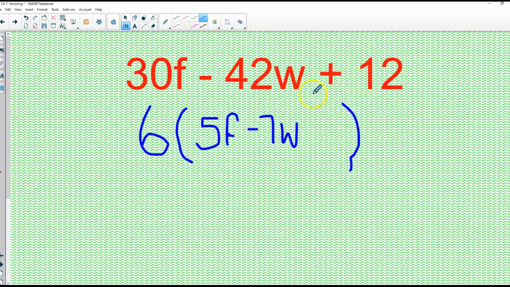And then lastly, a +12 divided by 6 is a +2. And as I look at my numbers here, 5, 7, and 2, nothing else goes into them, so I know I pulled out the largest one. Okay, so again, we could not pull out a negative here because everything was not negative. That did not work on this one.